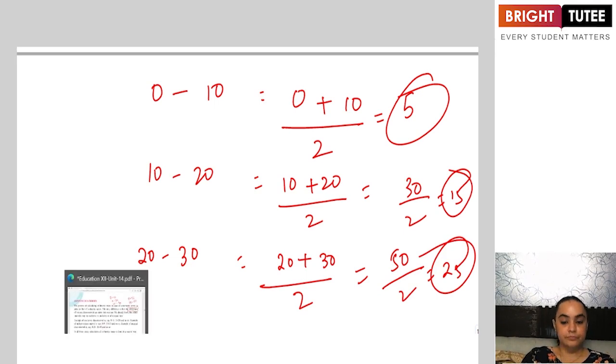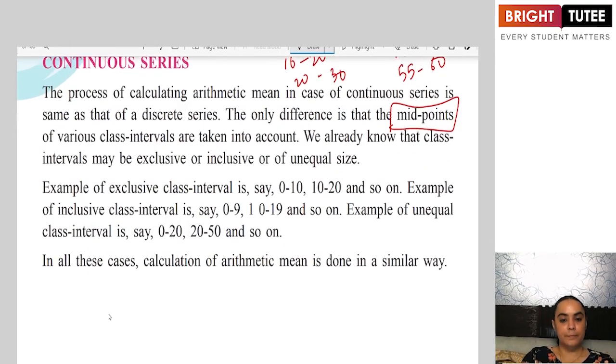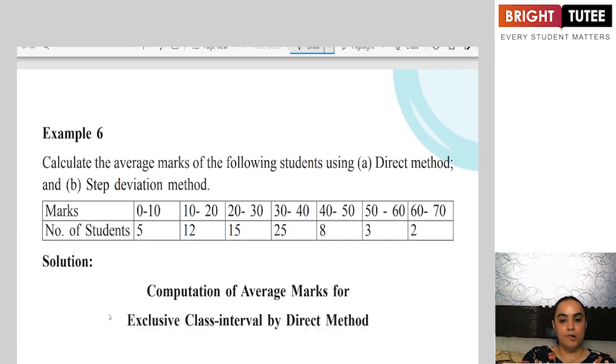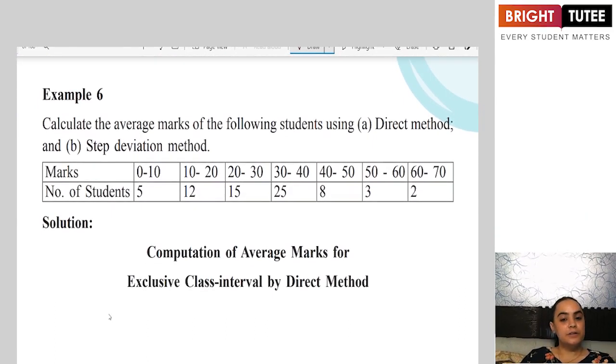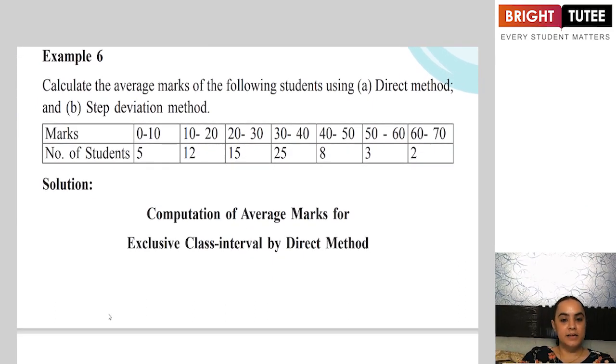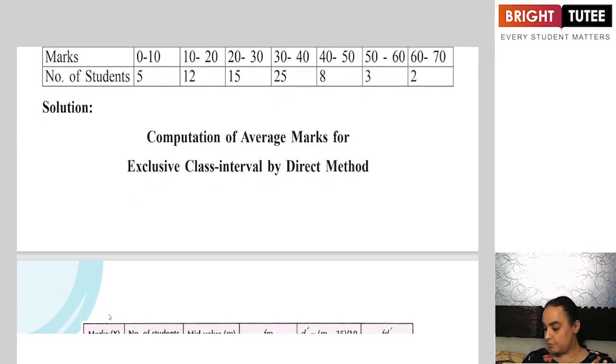Now, let us first talk about, again, this has got the same types of methods. We have the assumed mean method, the direct method, as well as the step deviation method.